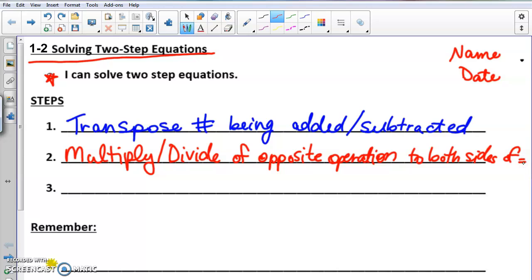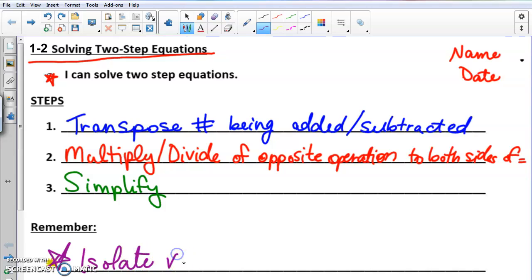There we go. Alright, in step 3, we're going to simplify and check. And then remember, all you guys have to do is put a big old star there, that the whole goal when solving an equation is to isolate the variable. You want to get the variable by itself no matter what side of the equation it's on. So isolate variable. So the whole goal is to get that variable alone.